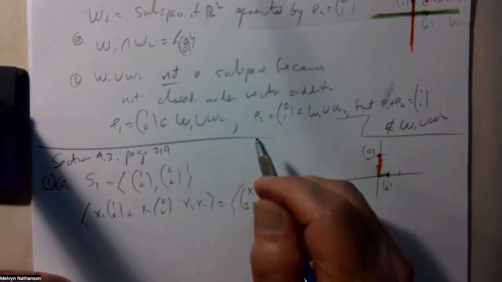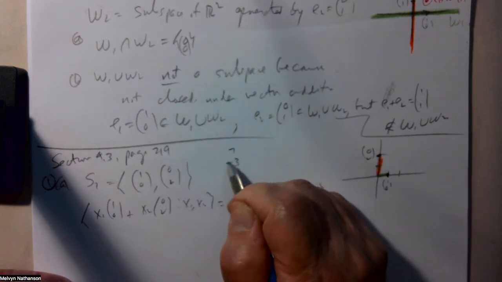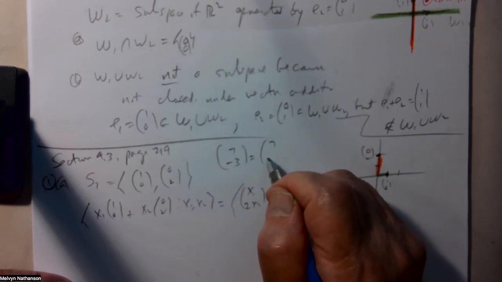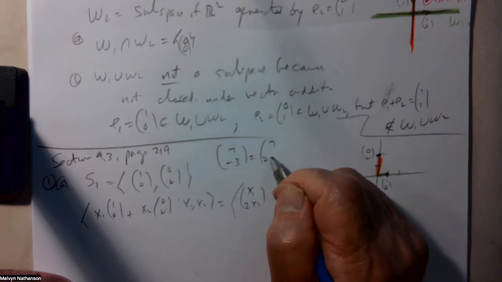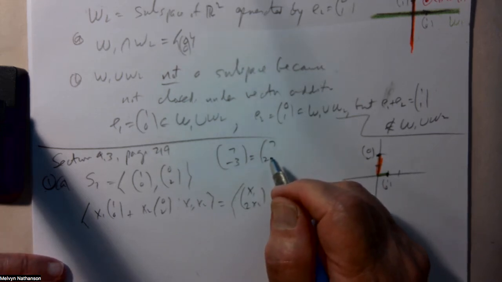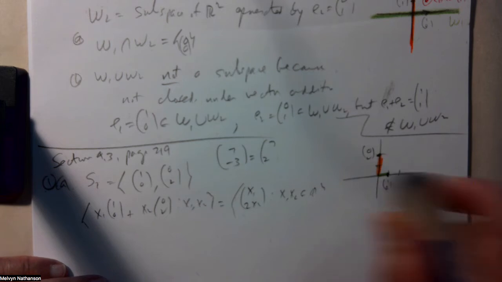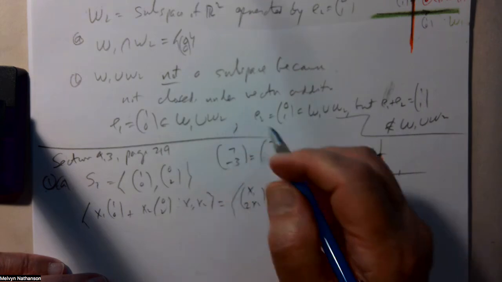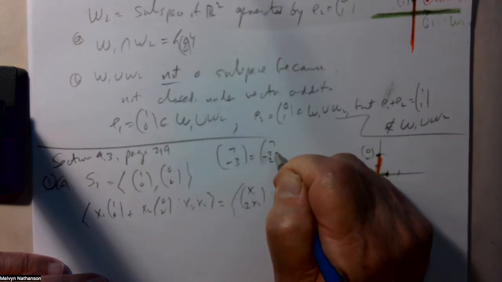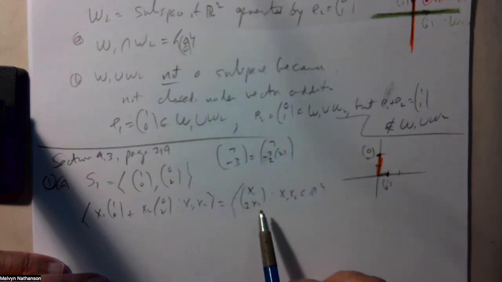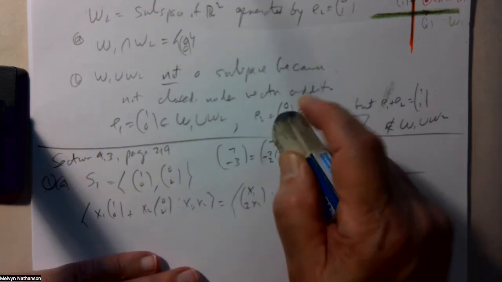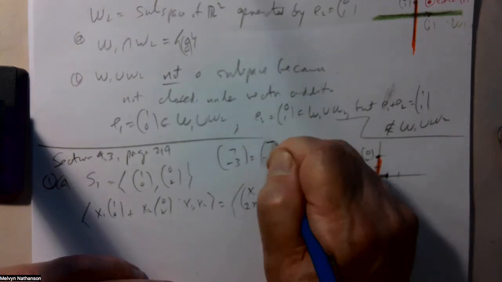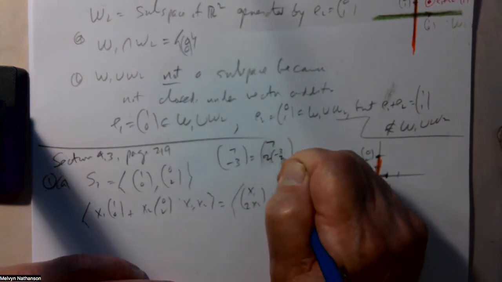But this is all vectors. For example, take the vector 7, minus 3. That's equal to 7 and 2 times minus 3/2.